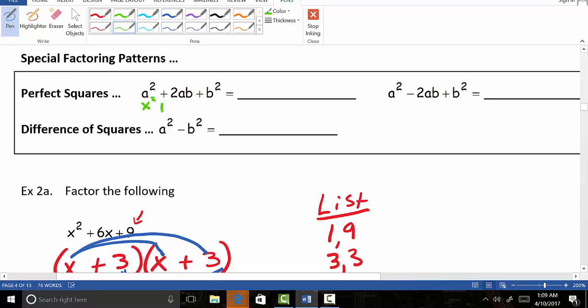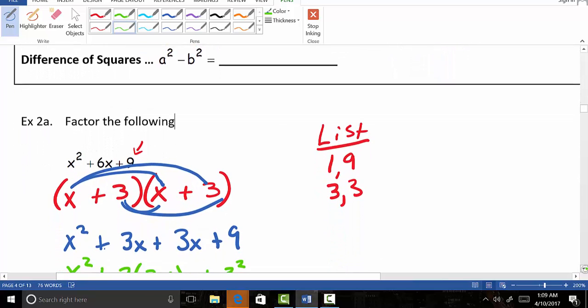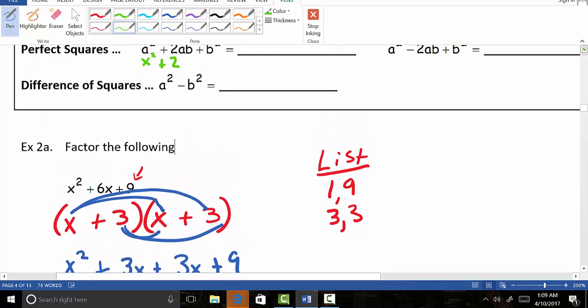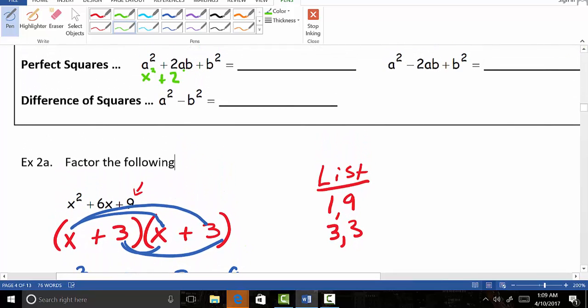And this plus 2, that was really coming from how we had 2 3x's, because again, we had 2 of them right here. And then the a and the b that it says in the definition, that's really the x and the 3, and the x and the 3 right here. So that's pretty much what our a and the b were.